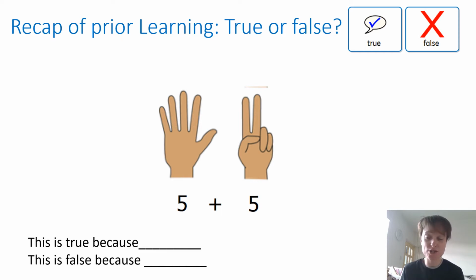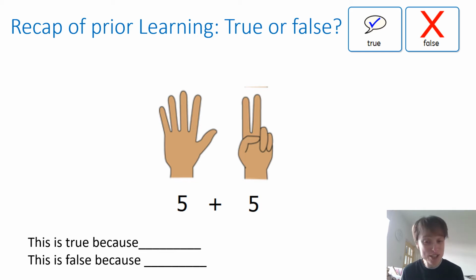And I'd like you to think about explaining your thinking in a full sentence. So I'd like you to begin your sentence with, this is true because, or this is false because. So I'd like you to pause your video now and share your thinking with your adult. And you might be able to think of more than one reason, you want to challenge yourselves.